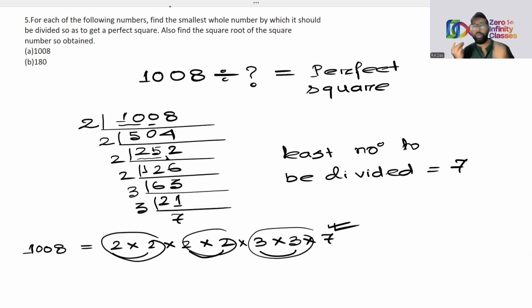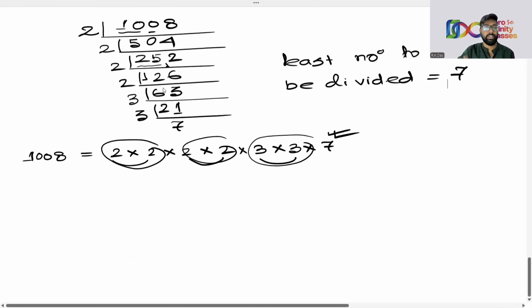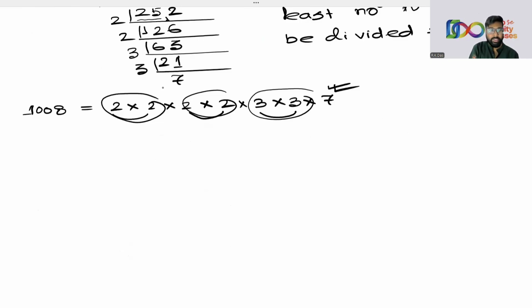Now another question is: what will be the square root of the number so obtained? First let me divide 1008 by 7. If we divide 1008 by 7, this 7 will be cancelled out.